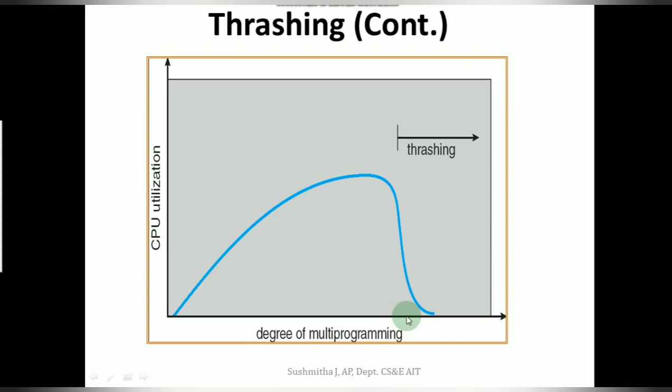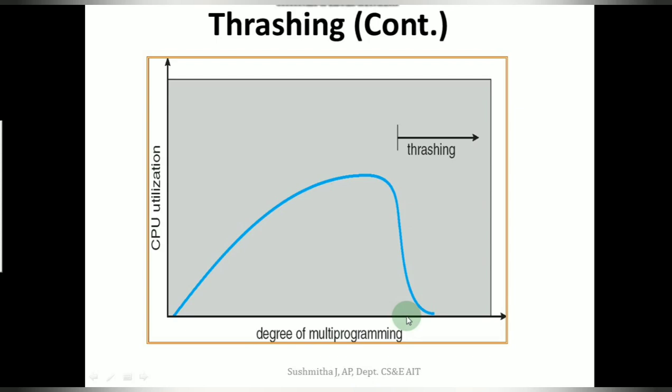The other cause of thrashing could be global page replacement as well, where it borrows pages from other processes and the other process also starts thrashing, so no process would have completed its execution.